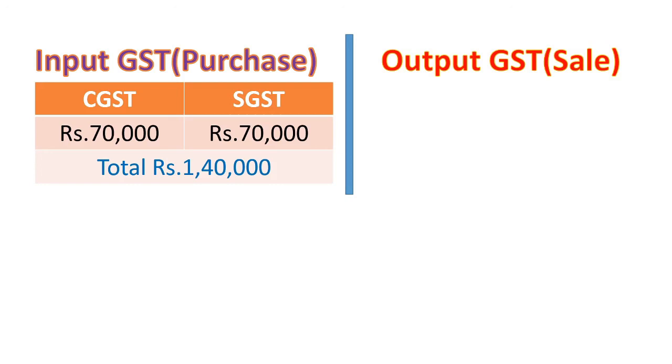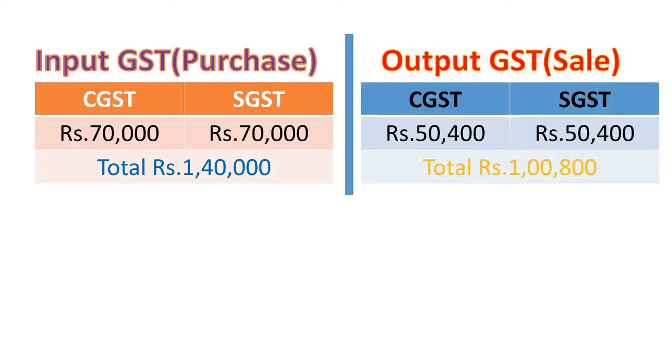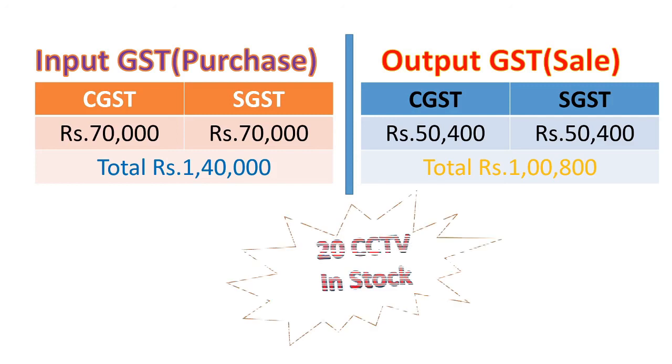And while selling the CCTVs to Angel Public School, we have received 50,400 as CGST and 50,400 as SGST. Here remember one thing, that input GST is paid on 50 CCTVs and output GST is received on 30 CCTVs, because we still have 20 CCTVs with us in stock. So the difference is of 20 CCTVs.